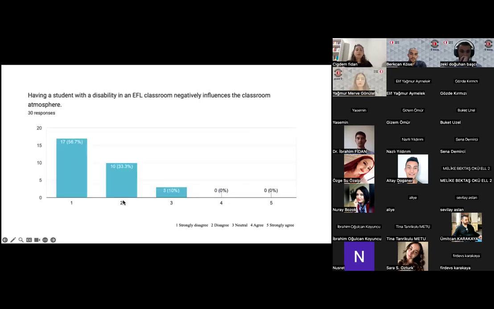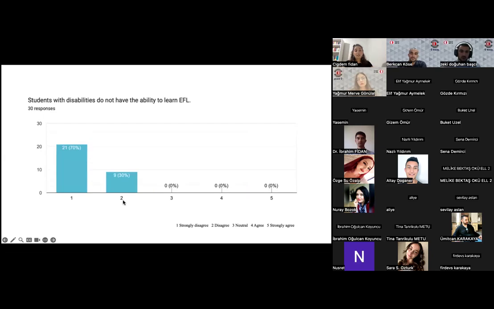For "Having a student with a disability in an EFL classroom negatively influences the classroom atmosphere," none of them believe that this is true. They believe that students with disabilities contribute to inclusiveness and variety in a classroom environment.